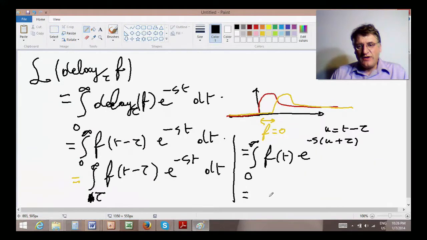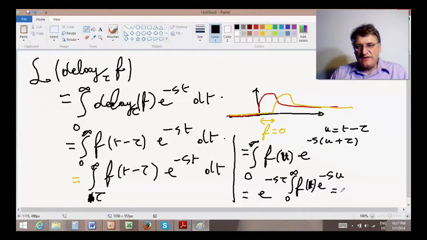And so what we end up having is that this is equal to e to the minus s tau times the integral from 0 to infinity of f of t e to the minus s u. Oh, sorry, this is not t here, this is u, because we did the change of variable.